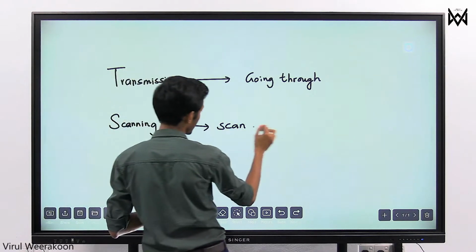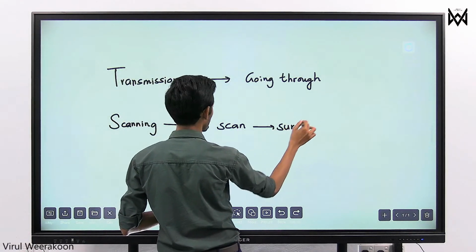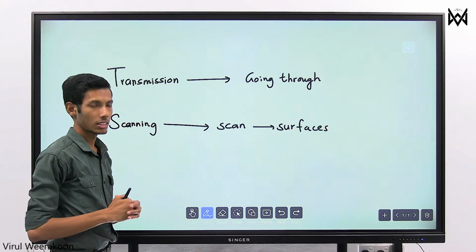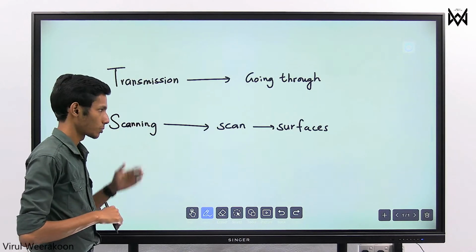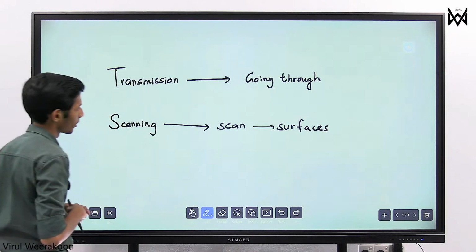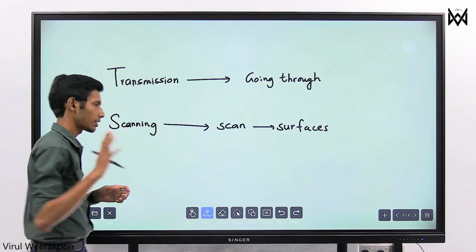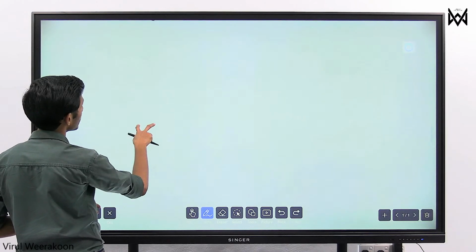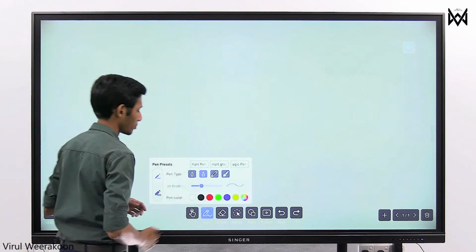We are scanning surfaces, right? So this is used to observe surface structures, surface view. Scanning electron microscope. Okay, with that understanding, we'll move towards the differences between the TEM and SEM.